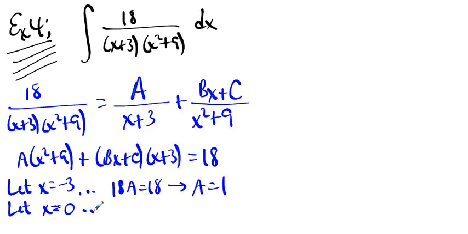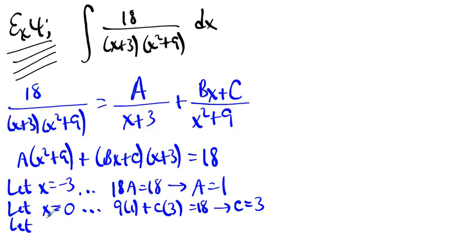Another obvious choice might be to pick x equals 0, because if x equals 0, the b drops out. If x equals 0, this is 9 times a, which we already know to be 1. This is c times 3 equal to 18. And that tells us what c is.